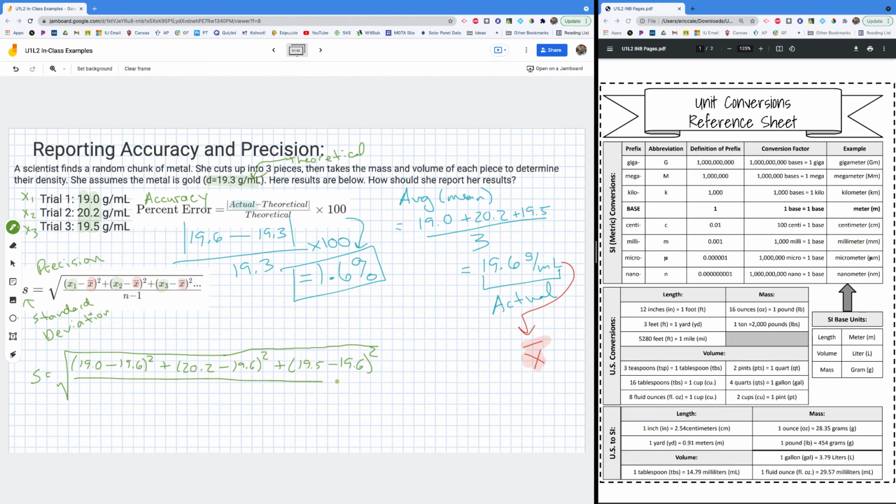All divided by 3, the number of experiments we did, minus 1. I don't know why the minus 1's there, but it's just part of the calculation.